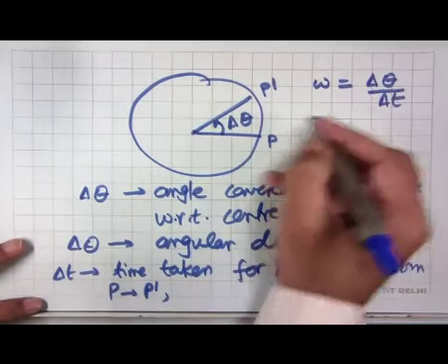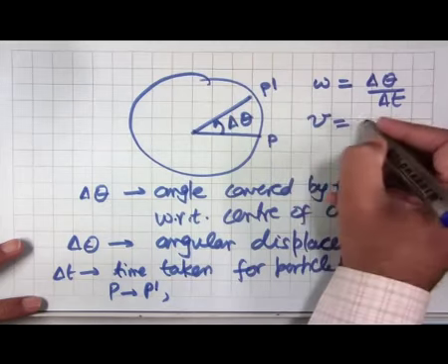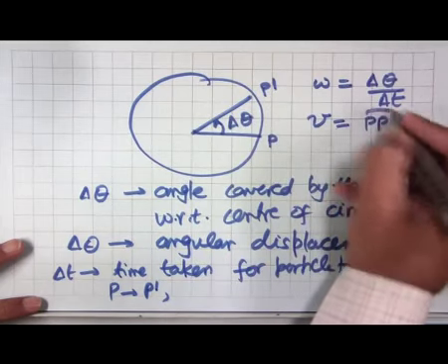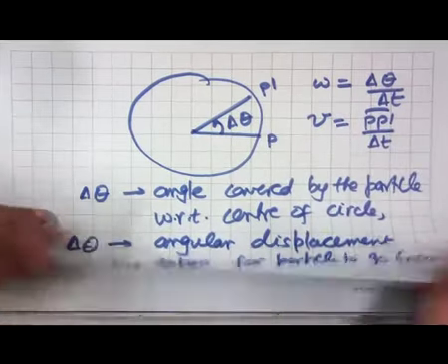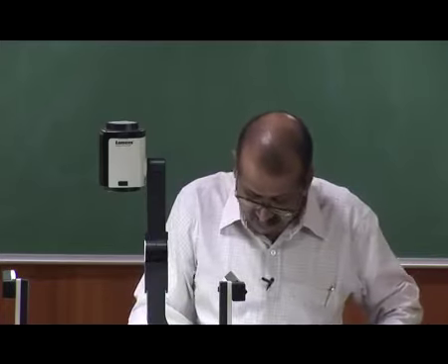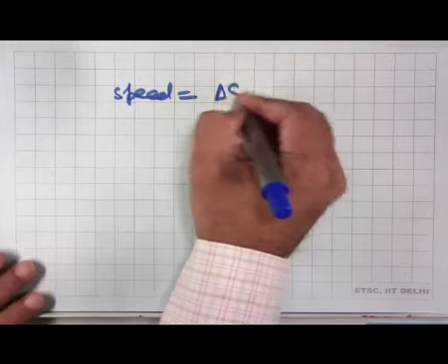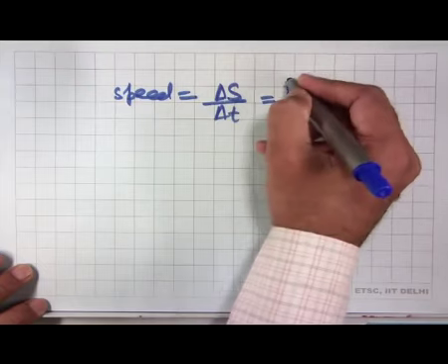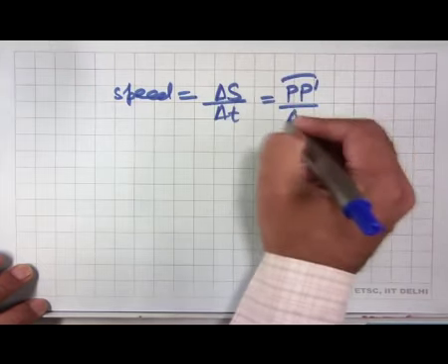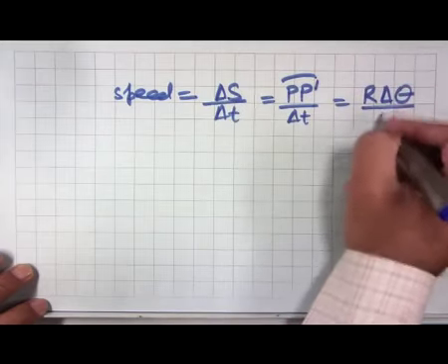Now, if we try to find the speed of the particle, the speed will be given by the distance p p prime divided by delta t. So, the speed of the particle is equal to the distance covered by the particle divided by delta t, which is the arc p p prime divided by delta t, and this will be nothing but r delta theta upon delta t.